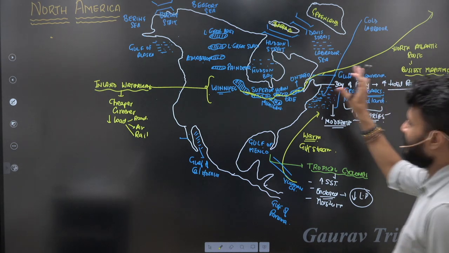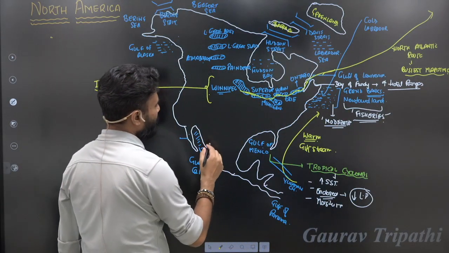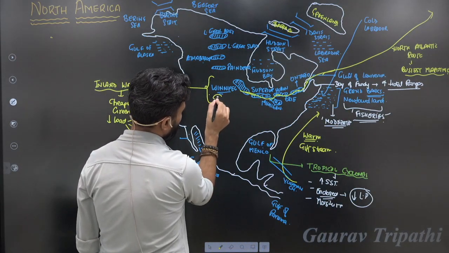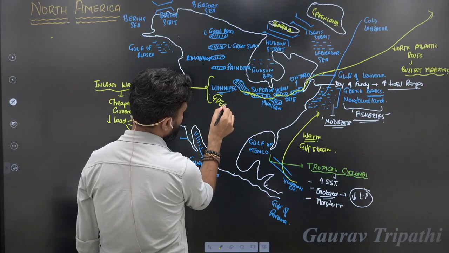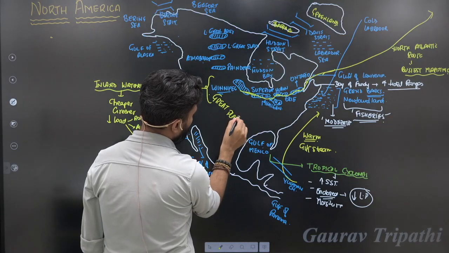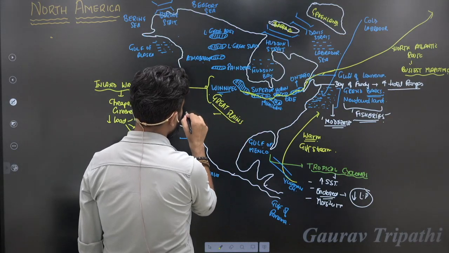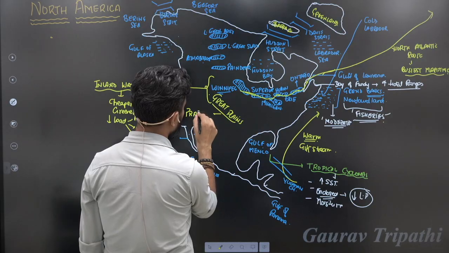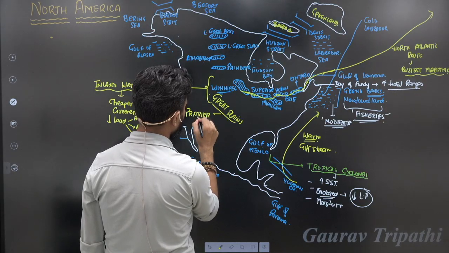Along with these lakes, we also need to understand that here lies Great Plains also. Okay, these Great Plains are having prairies, grasslands. Now, what do we mean by prairies, grasslands?